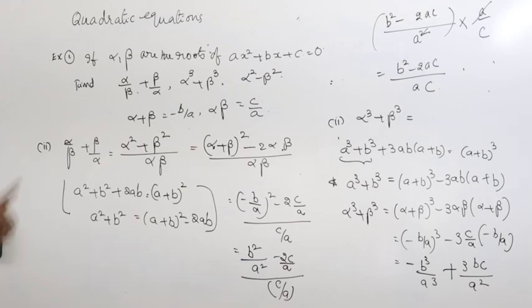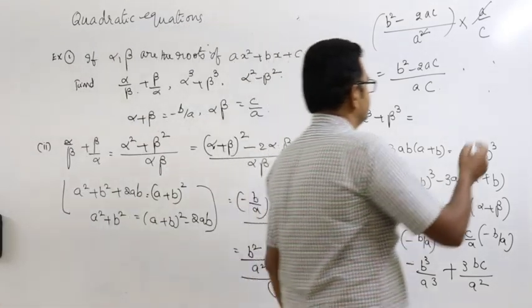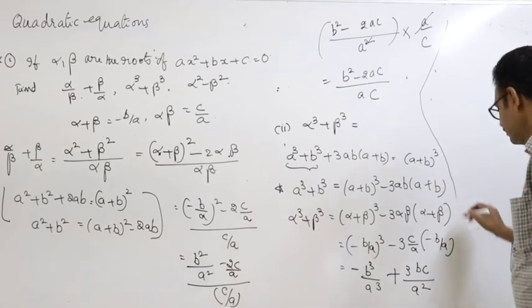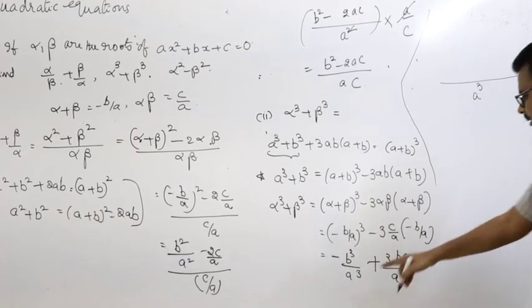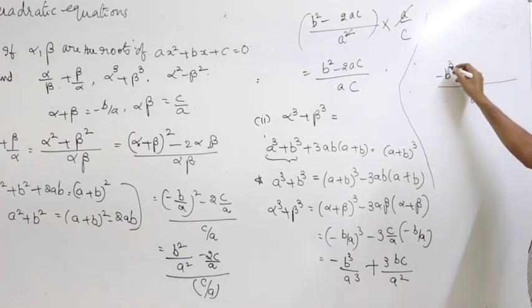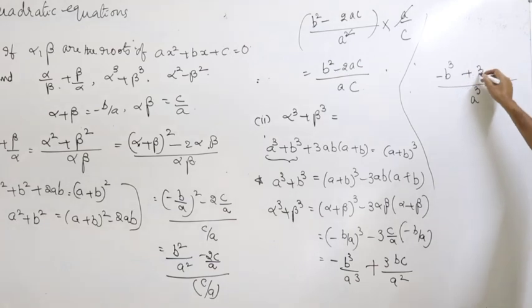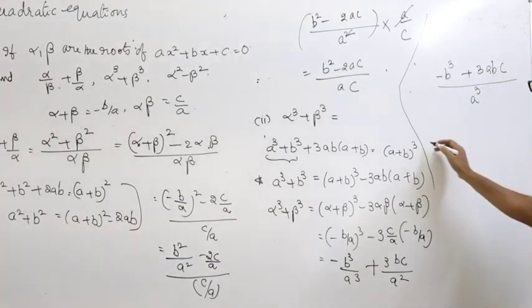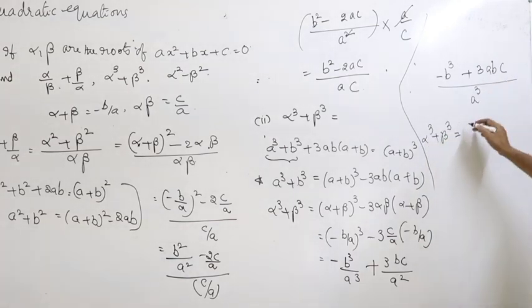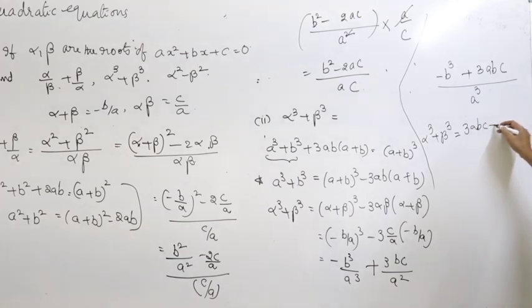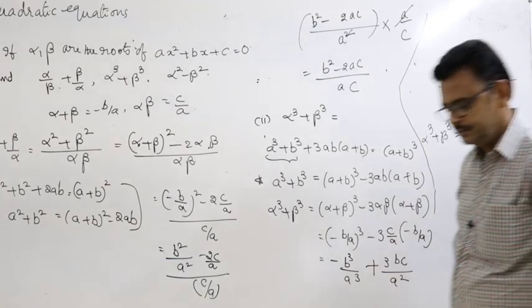Now by taking LCM, a cube is the LCM. So this is minus b cube plus 3abc. Therefore, alpha cube plus beta cube is equal to 3abc minus b cube by a cube. Note these points.